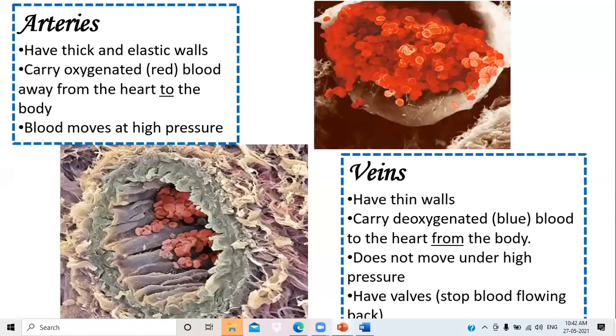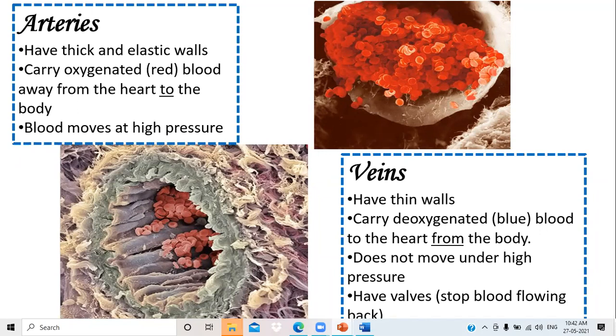They have thick walls and they are very elastic, okay? You can imagine the artery is like a main road. It's like a high-speed road, like Salah Salim, for example. Do you know Salah Salim? This is an artery. Okay? So the artery is very large. It has thick and elastic walls, and it carries oxygenated blood.